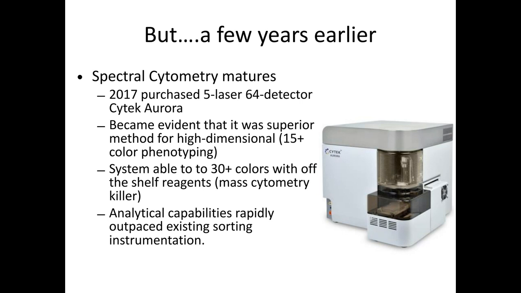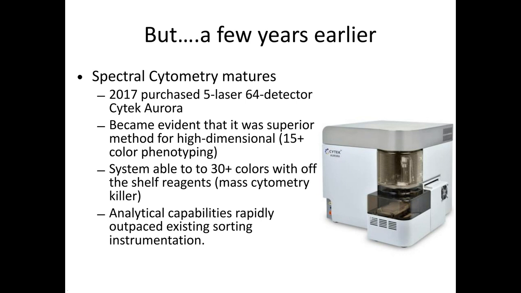But when I saw the Aurora came out, I'm like, I think this is where flow is going. And in 2017, I purchased a 5-laser 64. I actually prepaid for the 5-laser and it was delivered as a 3-laser until the whole 5-laser system was ready. But even with the 3-laser, it was evident that, wow, this is really where we're going in flow for high-dimensional stuff.